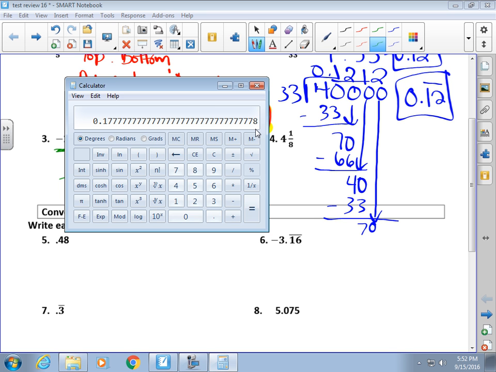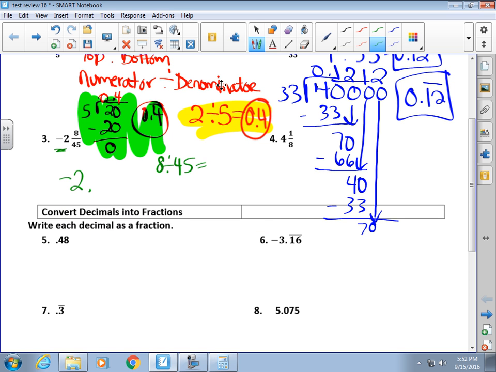That is a rounded answer. But the number that I see repeating is the 7. So I do not put the 0, because this is 0.17 repeating. This negative 2 right here is going to take the place of the 0. So negative 2.17 repeating is my answer.